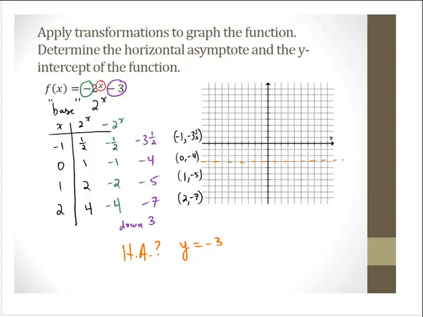Let's plot some points. -1, -3.5. 0, -4. 1, -5. 2, -7. We see the basic shape, so kind of filling in the rest.